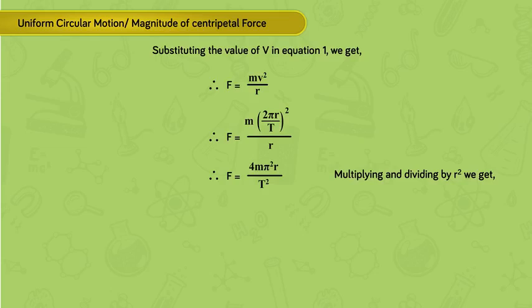Multiplying and dividing by r squared, we get F is equal to 4 m pi squared upon r squared into r cubed upon T squared. But according to Kepler's third law, T squared upon r cubed is equal to k.